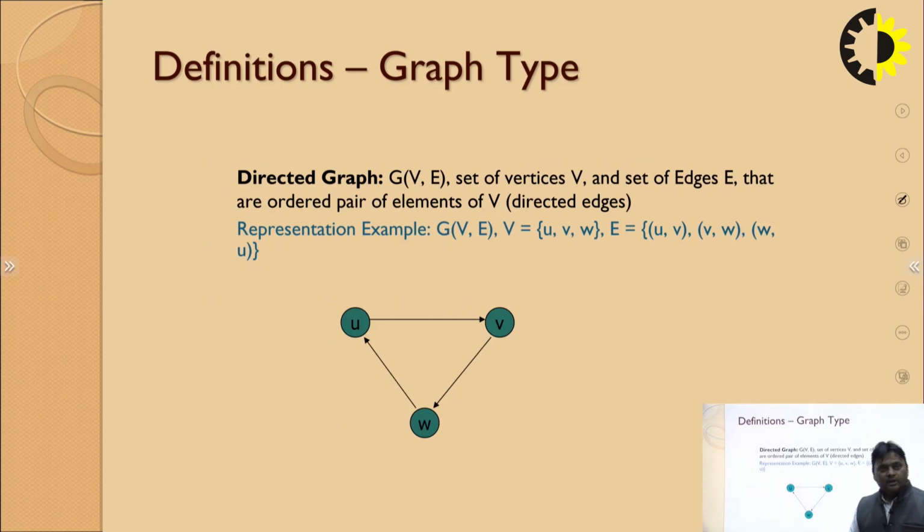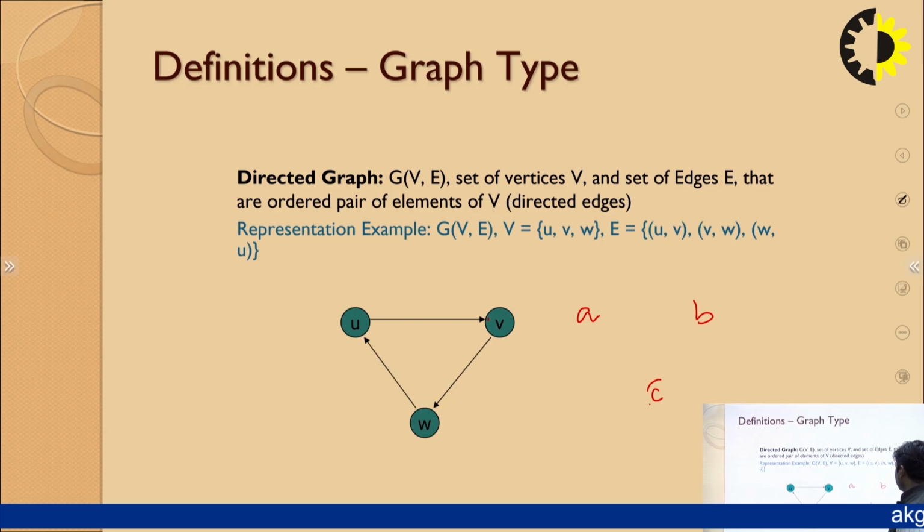Directed graph: if there is a direction on each edge, then the graph is known as a directed graph. If there is no direction, the graph is an undirected graph. For example, A, B, C are three vertices, and this graph is an undirected graph, and this one is a directed graph.